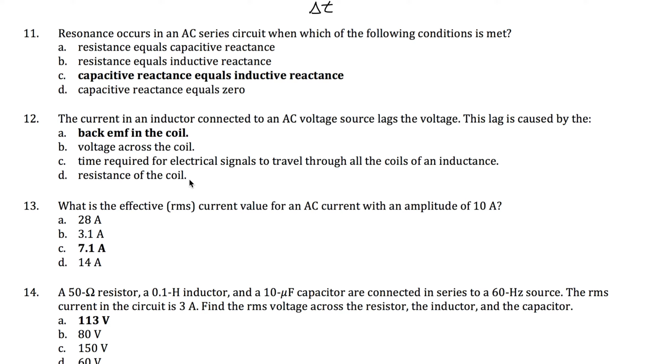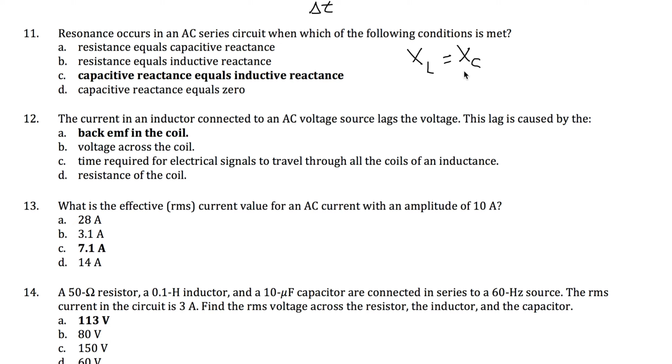So this next one says, resonance occurs in an AC circuit when which of the following conditions is met. We learned about resonance when we dealt with the RLC circuits, and the way that we came up with the equation for resonance frequency is we said that the inductive reactance equals the capacitive reactance.